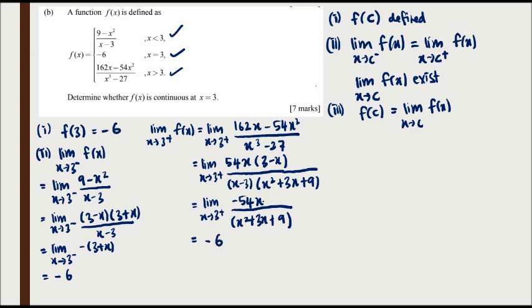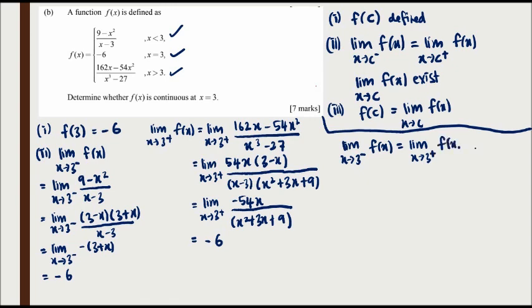Now for the second condition, we have that the limit of x approaching 3 from the left of f(x) is equal to the limit of x approaching 3 from the right of f(x), which is equal to negative 6.